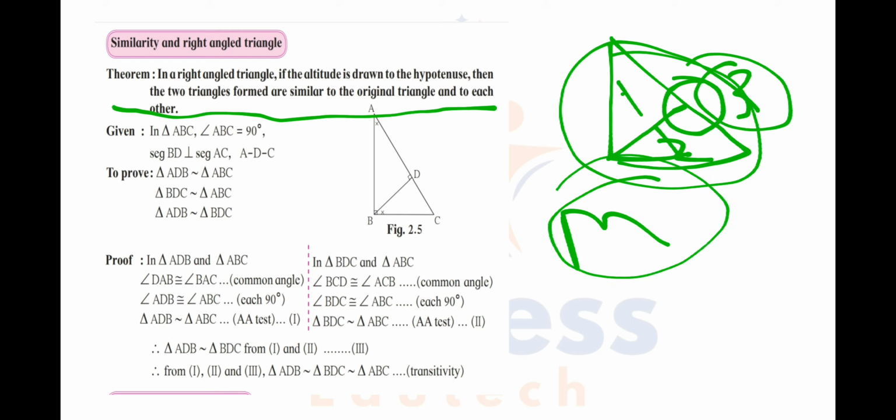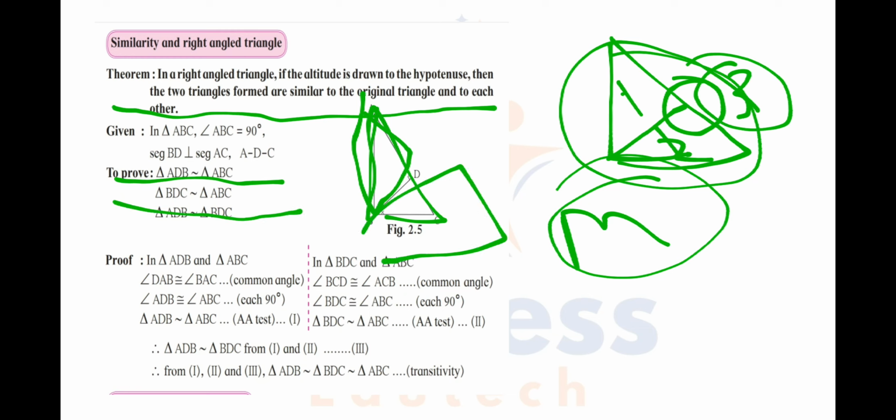So now let us check one by one. In this theorem we have to prove triangle ADB is similar to triangle ABC. Second, you have to prove triangle BDC is similar to triangle ABC.